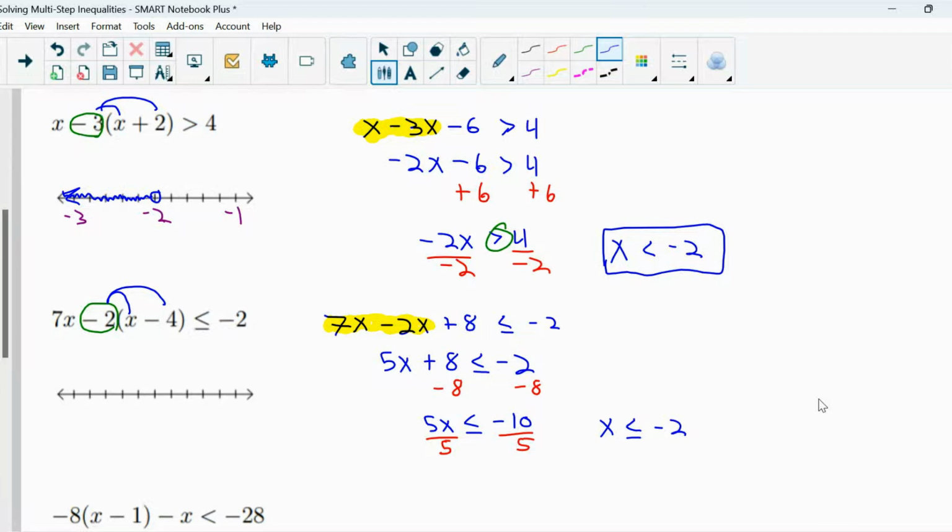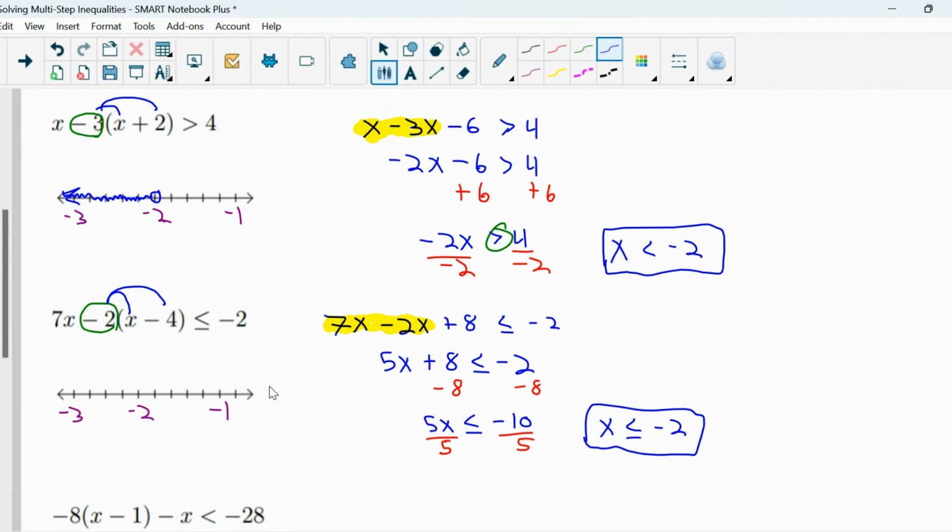Okay, we can go ahead and graph this on our number line. Let's start with our -2. A value greater than -2 would be -1, and a value less than -2 would be -3. So let's go ahead and plot our point.